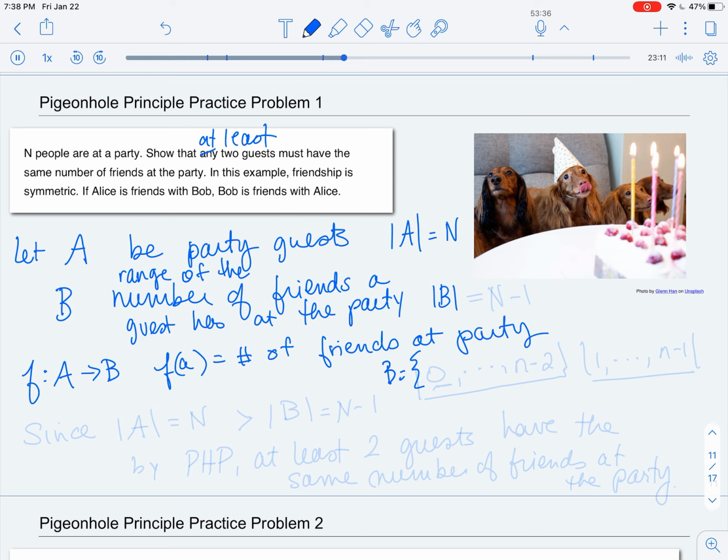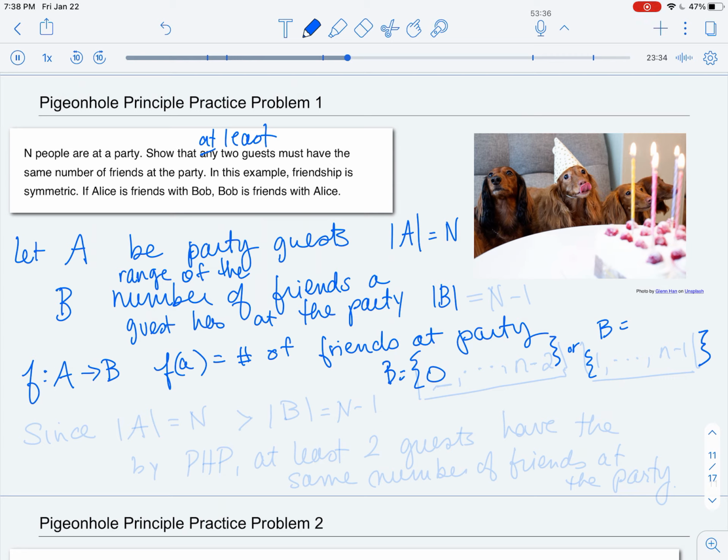Okay, so a person could have no friends at the party, and we don't consider someone to be friends with him or herself. So if somebody has no friends at the party, that means someone else cannot be friends with everybody else.